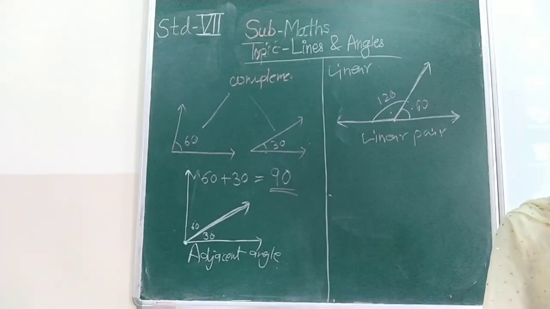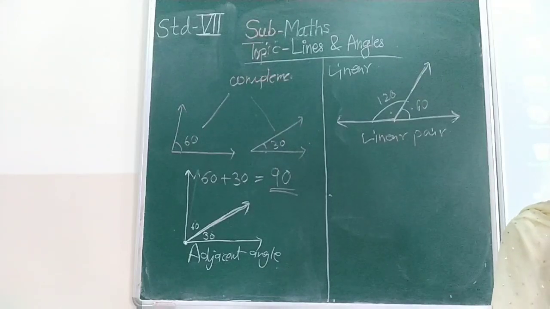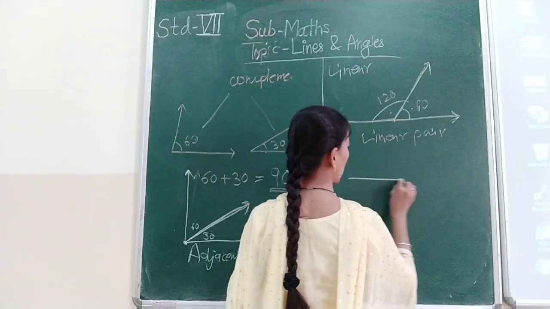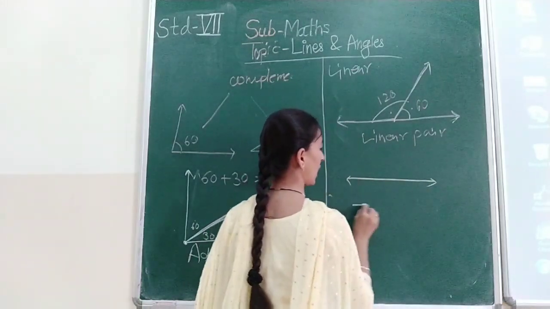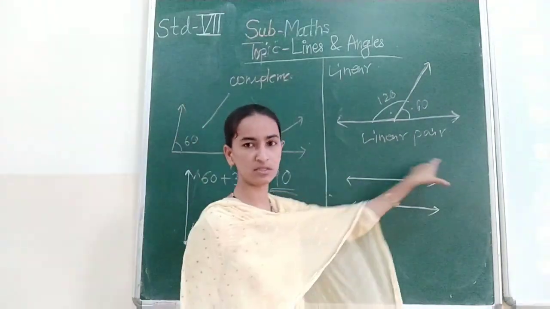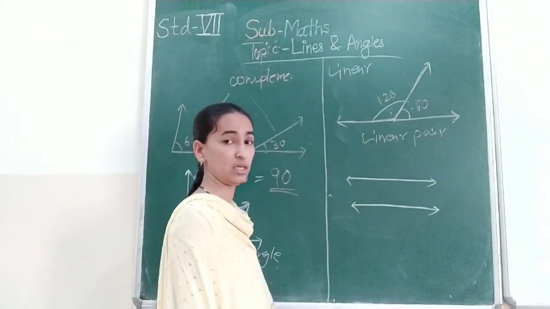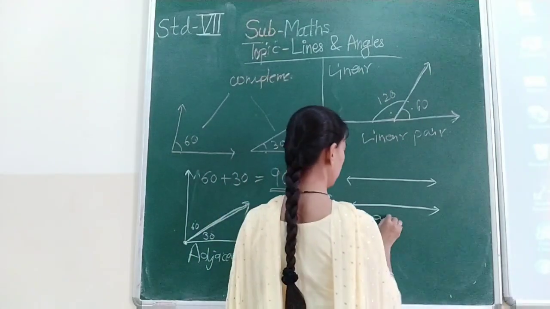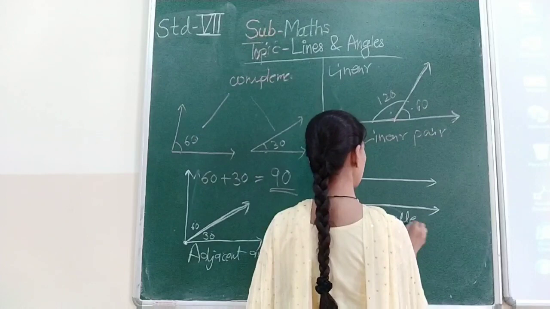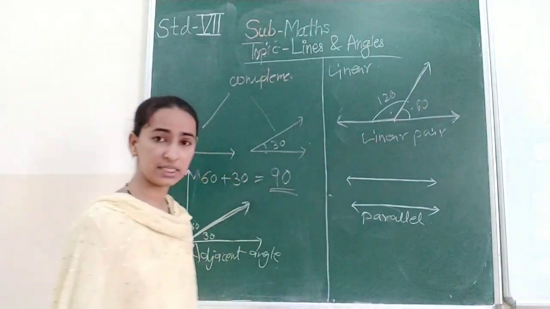Understand the meaning of these types of angles, then types of lines. See, these two lines are called parallel lines because their direction is the same. And what is an intersecting line?